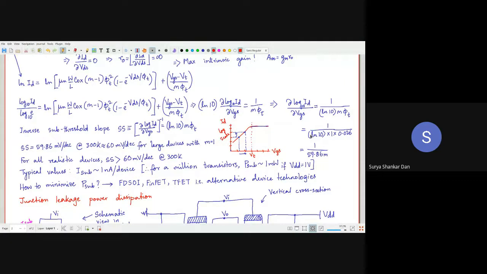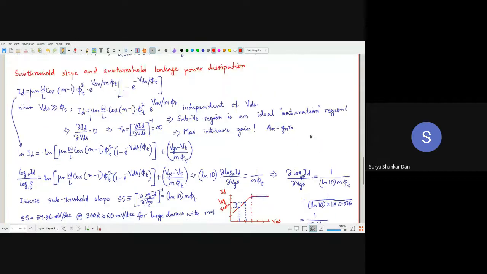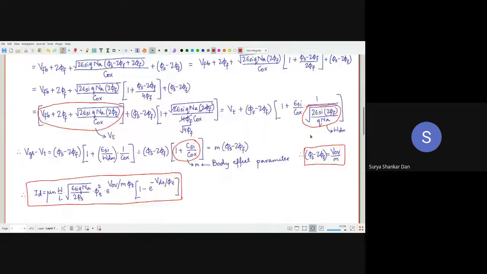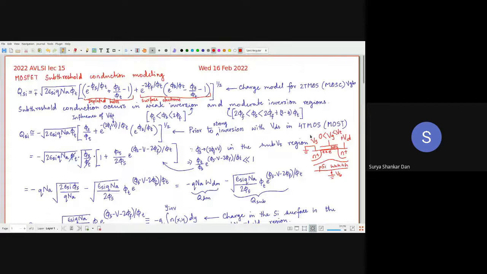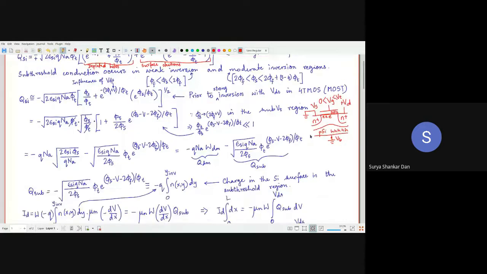To conclude this entire discussion on power for the last 3 days, your static power dissipation simply means your subthreshold leakage. The solution to the subthreshold leakage is that you have to change the device technology. We are right now using FinFETs. Later on we will look into TFETs. I am speaking about industry.